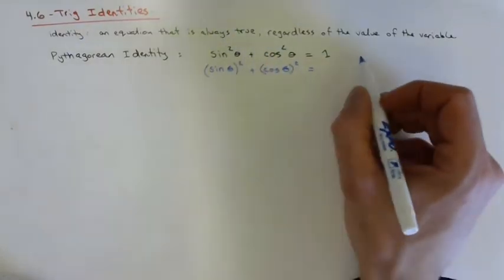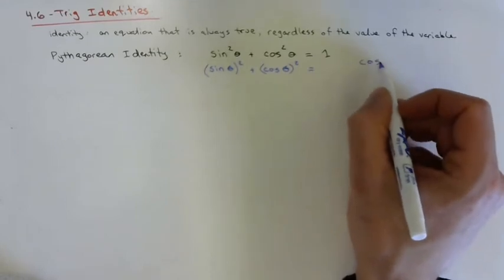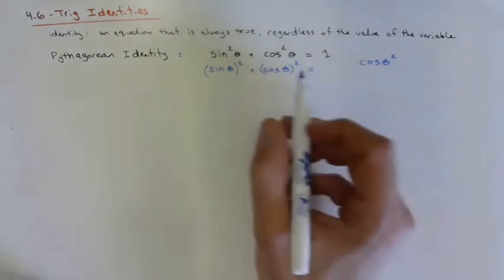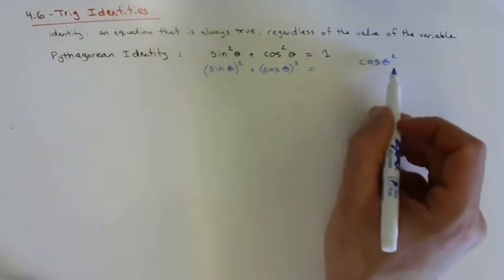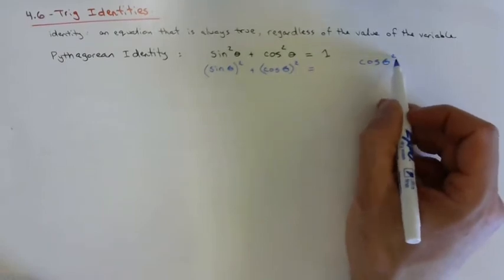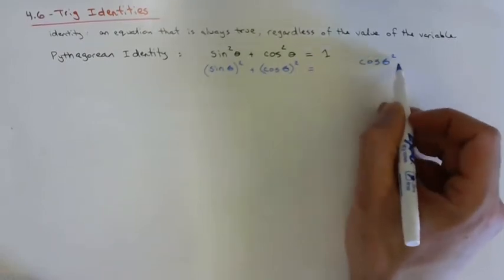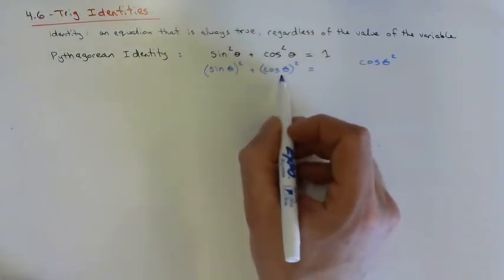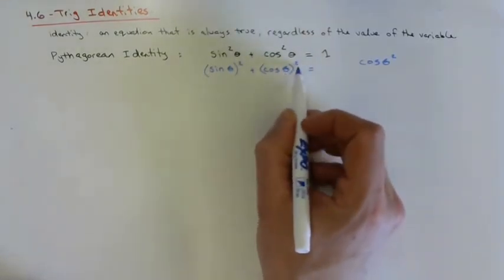It is not equal to this. This and this are not the same. This says take the angle and square it, and then take the cosine of that. The brackets version says take the cosine of theta and then square that.